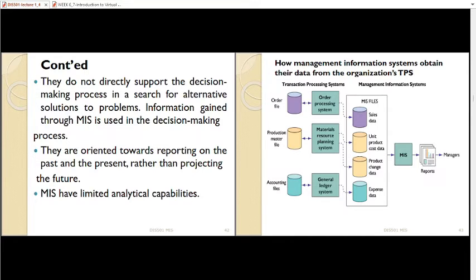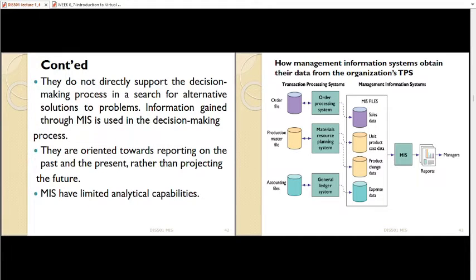Now when it comes to MIS, this MIS is pulling data from all these different sectors. It's pulling from the order, from the production, and from the accounting. All this information is pushed into this one system, and out of this one system we can begin to generate reports that would give us the health of this particular organization.